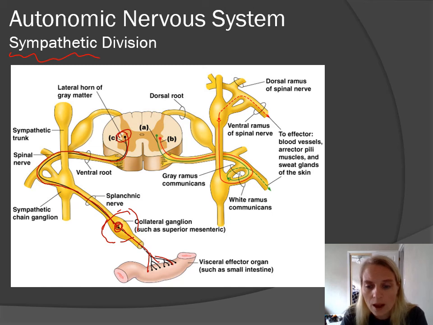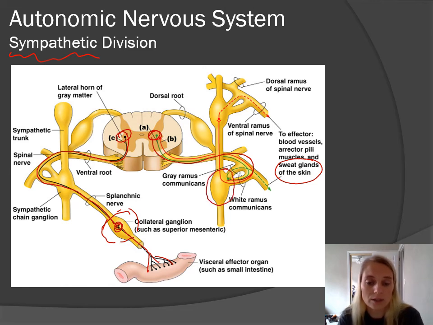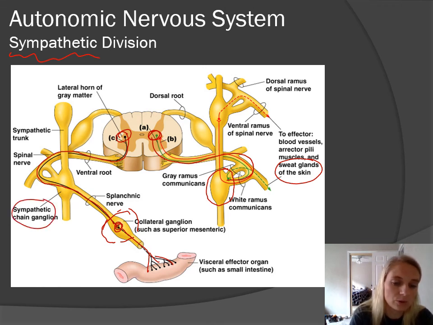Let's say we need to go out to, say, the sweat glands of the skin. So we'll do the same thing. We're going to follow this green one. We're going to start here, preganglionic neuron out the ventral ramus, spinal nerve, and then we're going to synapse in this collection of cell bodies called the sympathetic chain ganglia. It's labeled over here.